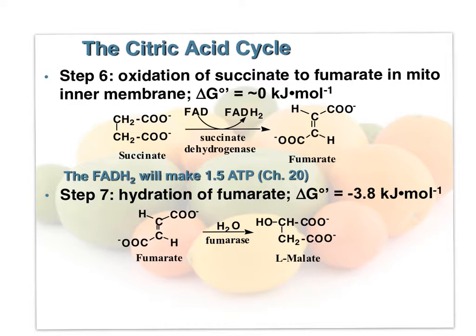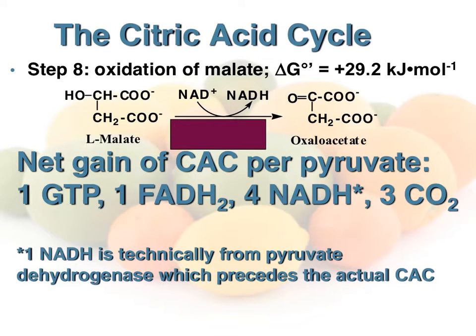OAA. And when we started step 1, it was acetyl-CoA, and acetyl-CoA reacted with what to make citrate? OAA. And so that's the 8th step. So malate is another way that we kind of intermingle, so to speak, with gluconeogenesis. But this is the 8th step.